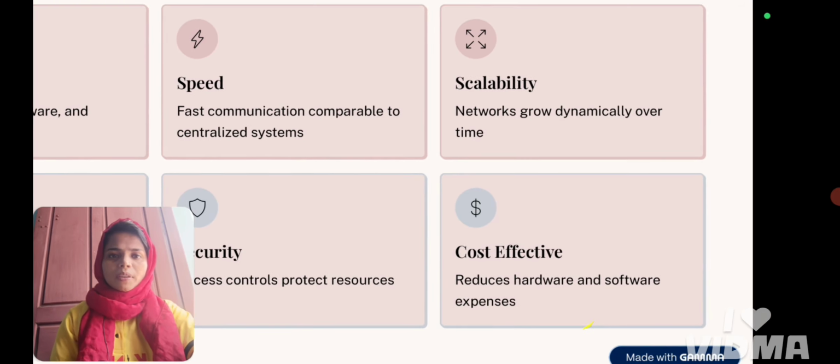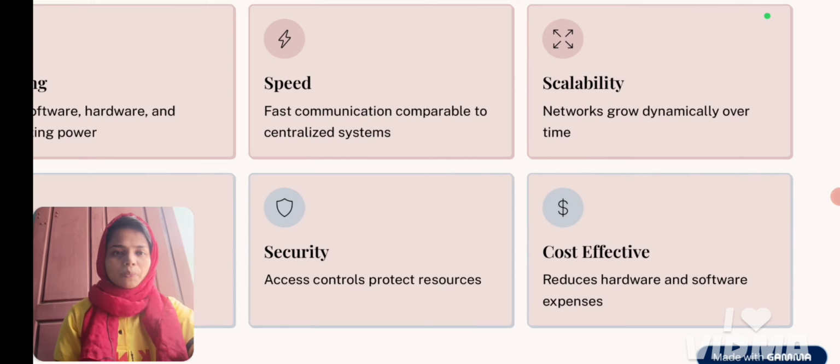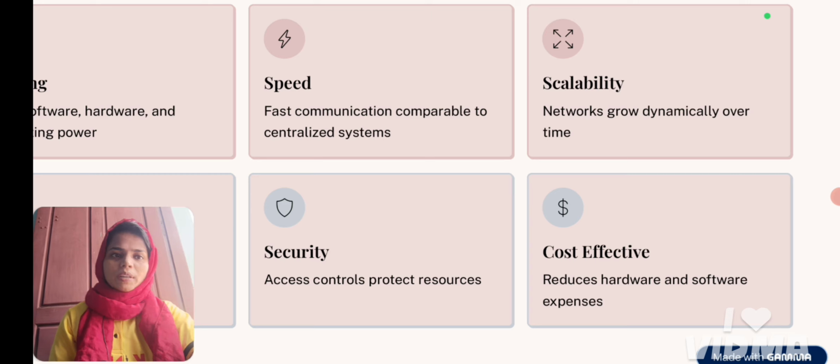Then cost effective. Nowadays networking is cost effective. Most of the service providers are providing networking at low cost, right? But in the older days, networking was quite costly. So cost effectiveness is important.